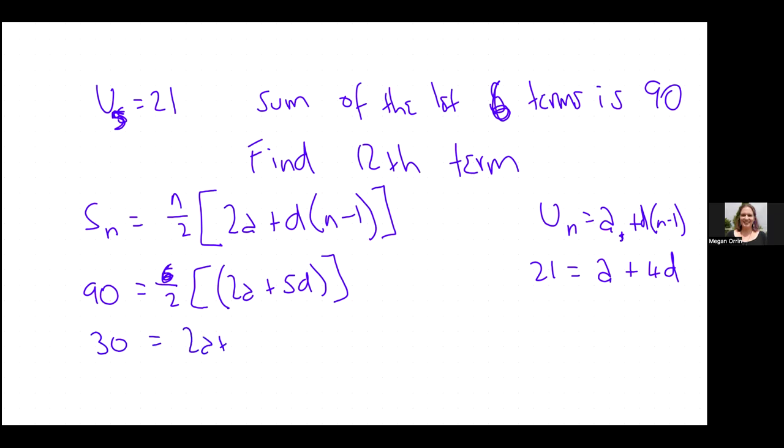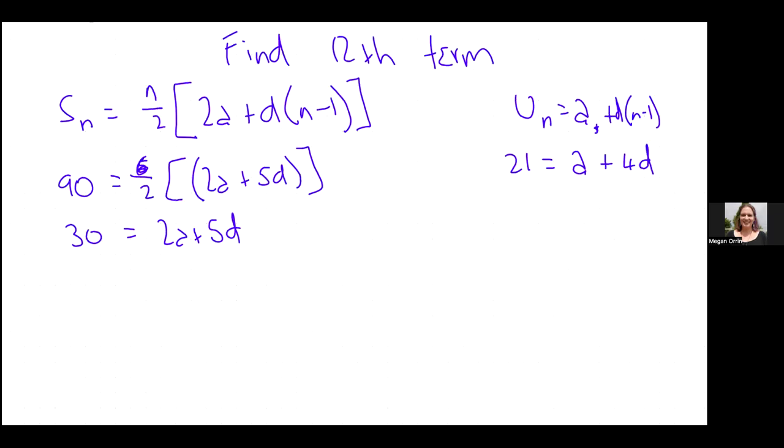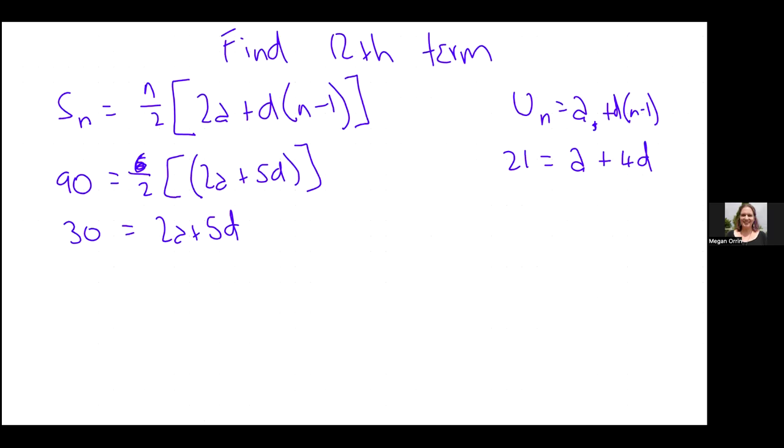Okay, now I have 2 simultaneous equations. Can't I solve this? I'm going to move that up here so I've got some more room. All right, and then we've got 2a plus 5d.